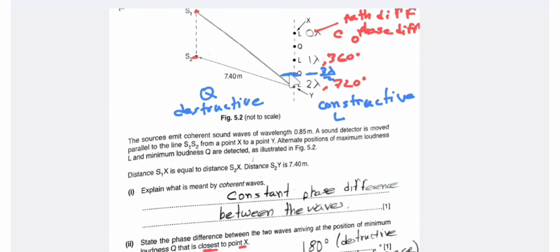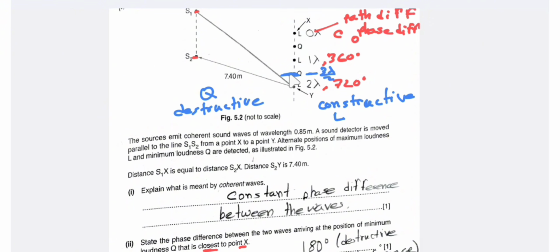So in total, the phase difference is 360 plus 180, that is 540 degrees, from the central maximum to this quiet.